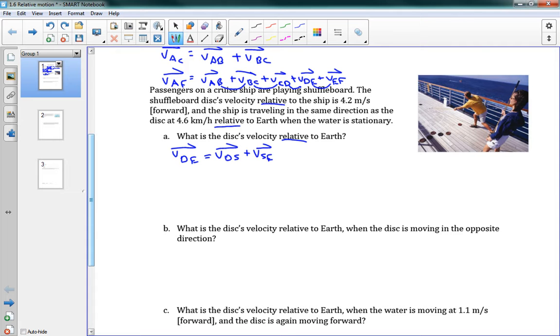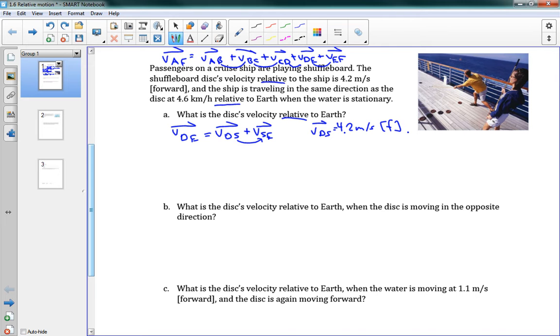And we can just combine them this way. So you see that I get D to S and S to E. It combines this way. So now we write down the information we have. We have velocity of the disk relative to the ship. It's 4.2 meters per second forward. And I have the velocity of the ship relative to the Earth.